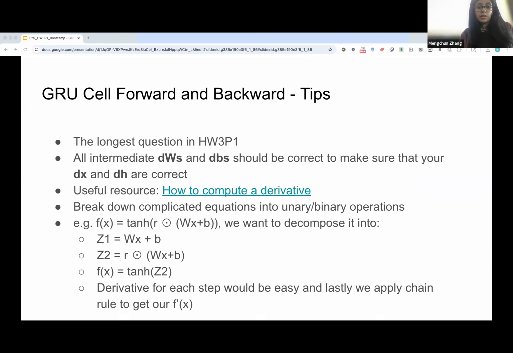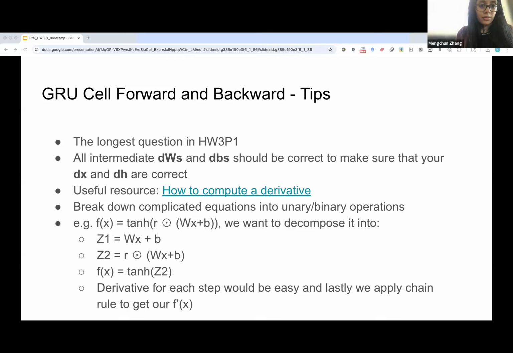As we are introducing gating in the network, we just have some tips. This will be the longest question in homework 3P1. Just ensure all the intermediate dWs and dbs are correct.